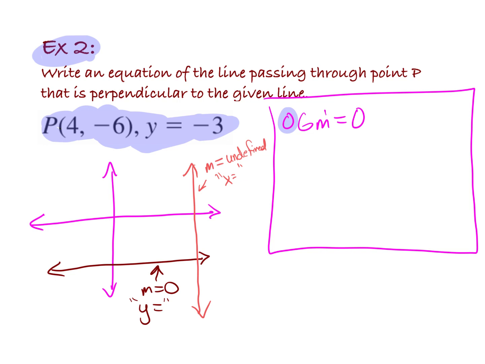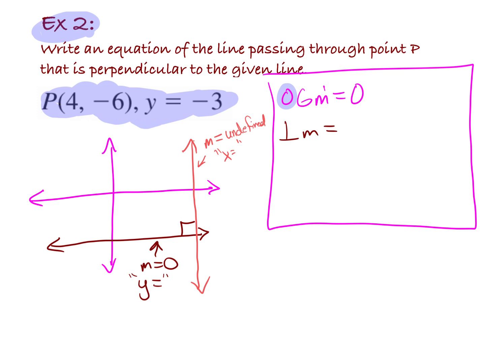And then the perpendicular slope. What's perpendicular to 0? Does anybody know? So your undefined and your 0 slope make a right angle together. They're perpendicular. And make note of that.